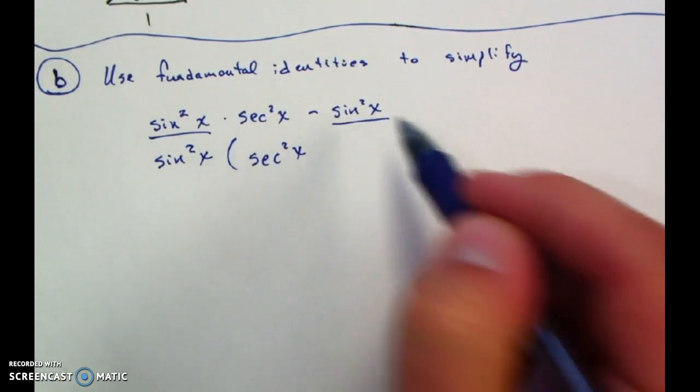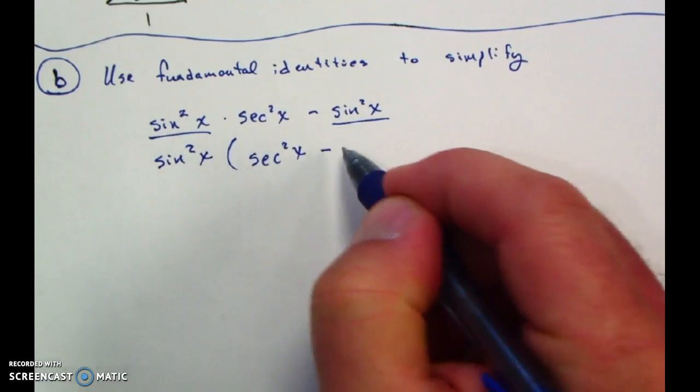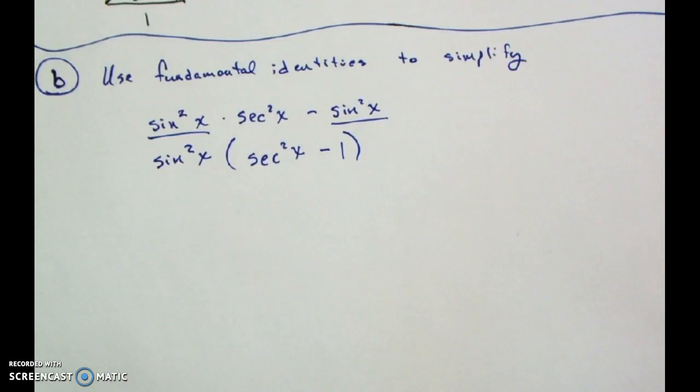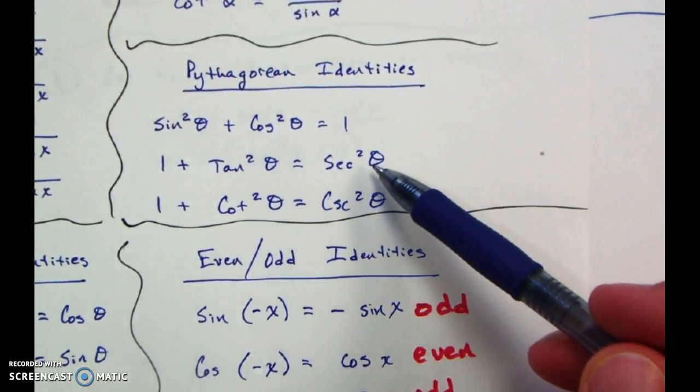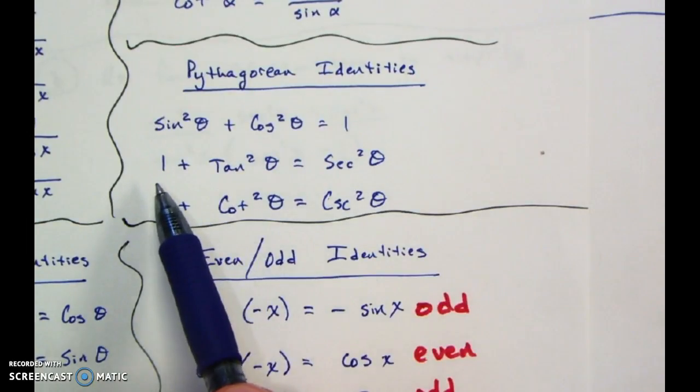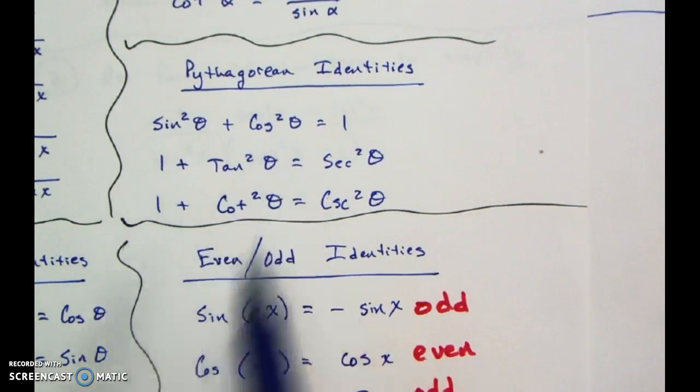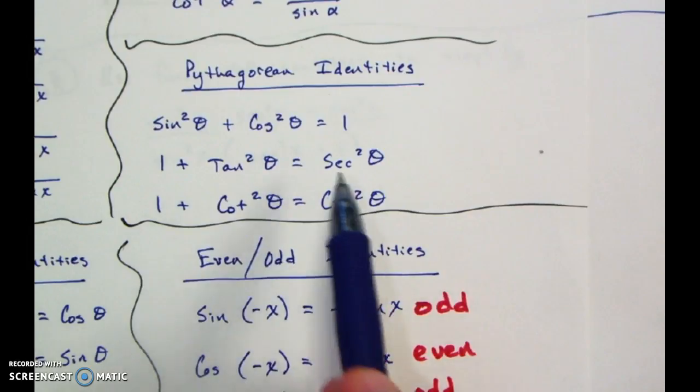and then I have another sine squared here, which I'm going to factor out, and so that would be a minus 1. So then going back to our Pythagorean identities, here's a secant squared, and that's equal to 1 plus tangent squared theta. Now we can rearrange this a little bit.